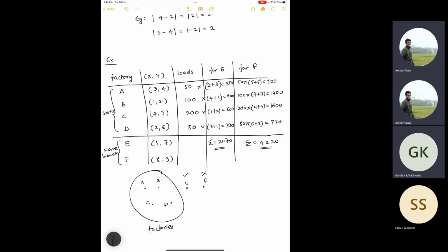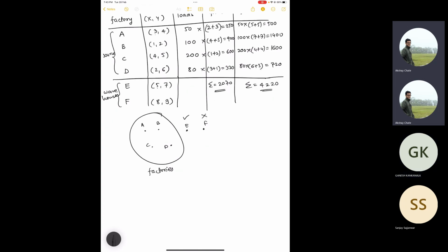From the above four factories, what placement of factories should I consider with respect to the load as well as transportation cost? Because you said we should consider the small amount of loads because it reduces the cost of transportation.